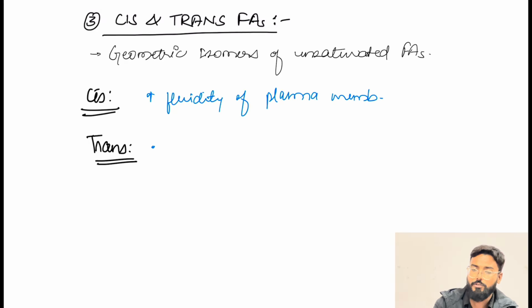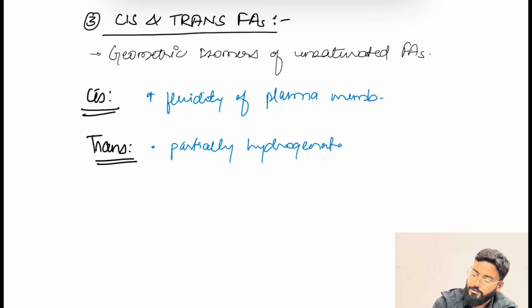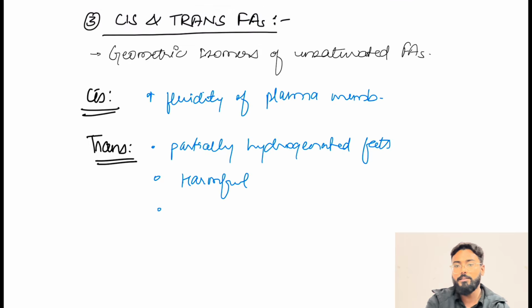You must have learned from your early days that trans fatty acids are really harmful. So what makes them harmful actually? These are partially hydrogenated fats, and they are formed by deep frying or reheating the vegetable oil.